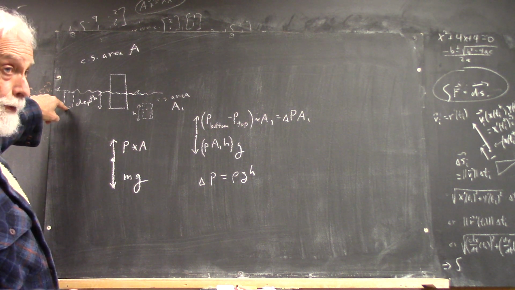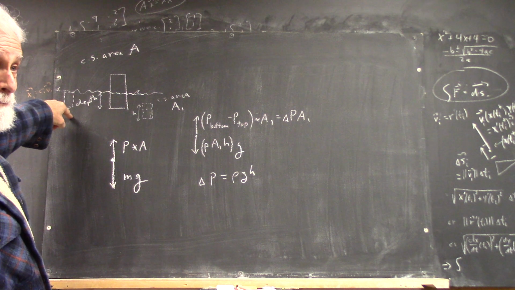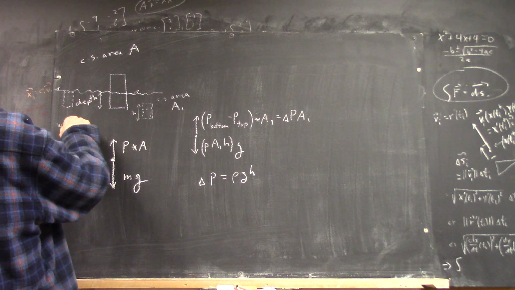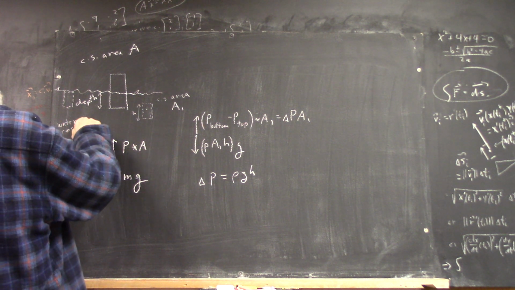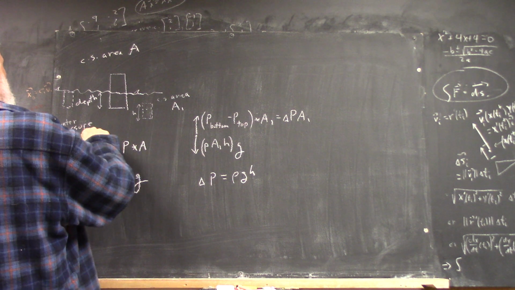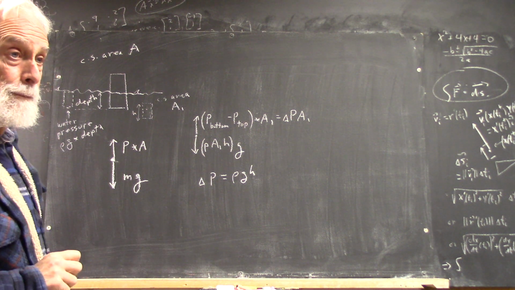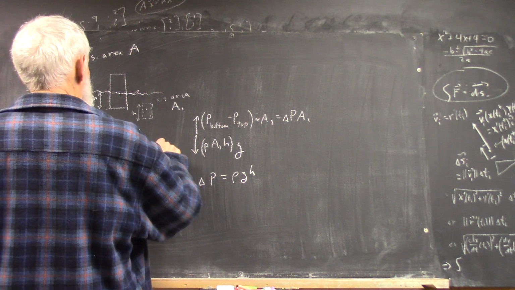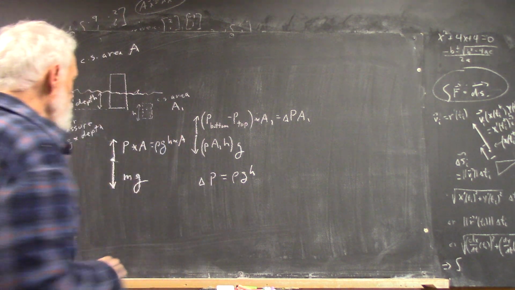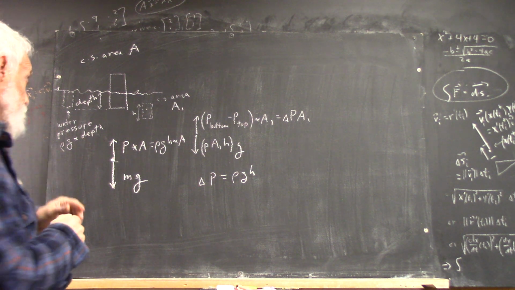Then the pressure down here due to the water, well, there's no pressure up here due to the water, so the pressure down here has to be rho g H. And H would be the depth, because this is at the same level as this, right? So now we see this as rho g H times A. Now H is taken to be depth.